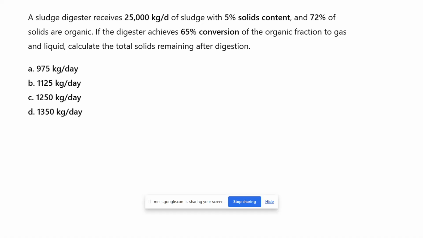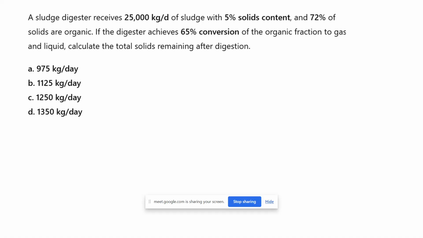Okay. This is also very similar to the previous two problems we have discussed. What is given? A digester receives 2500 kg per day of sludge with 5% solids content.